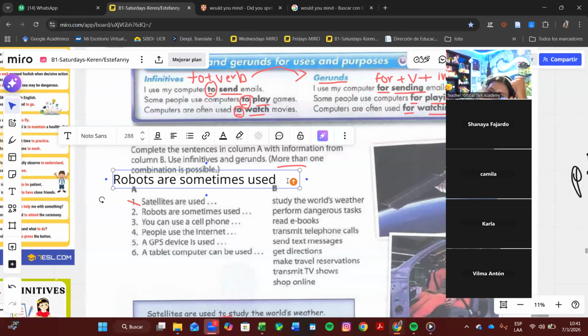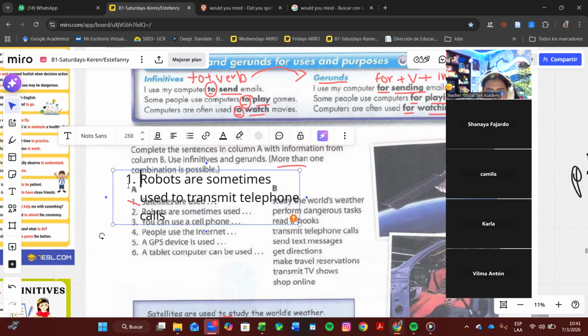What do you think? Shania, are you there or not? Yes, teacher. So which one do we use? An infinitive or a gerund? Infinitive. Right. So to transmit telephone calls. Excellent.